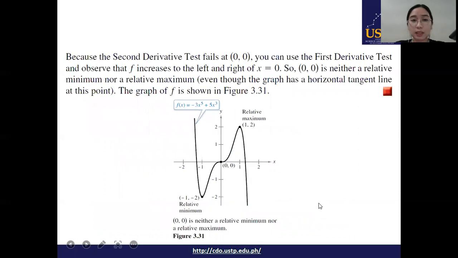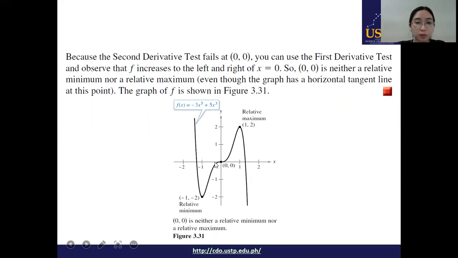So because the second derivative test fails at the origin 0, 0, we can use the first derivative test and observe that f increases to the left and right of x is equal to 0. So the origin 0, 0 is neither a relative minimum nor a relative maximum. So even though the graph has a horizontal tangent line at this point, so at this point 0, 0.